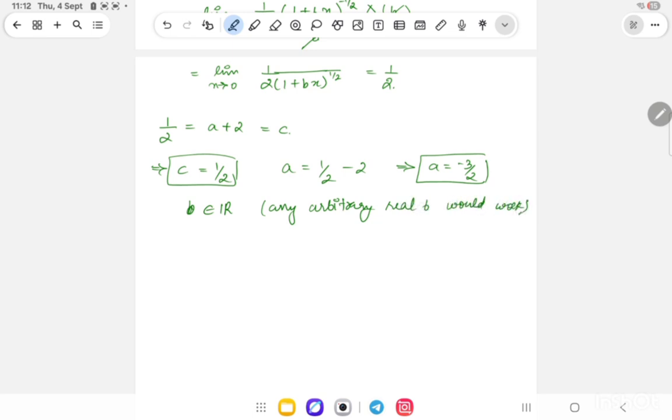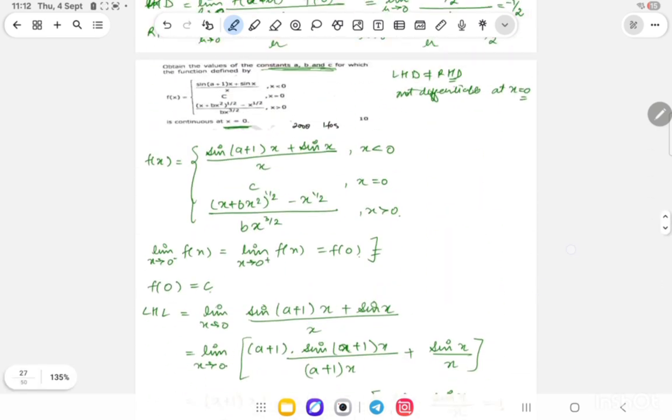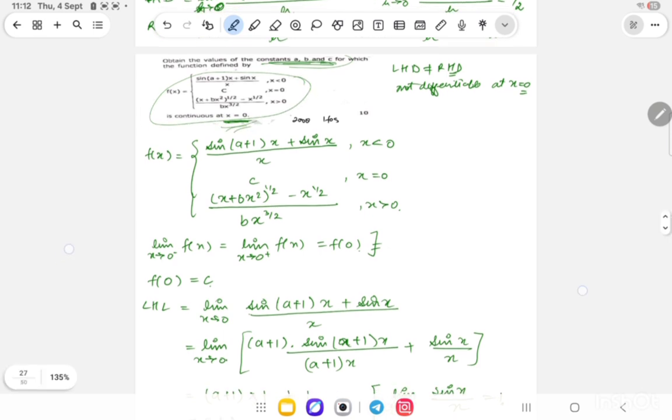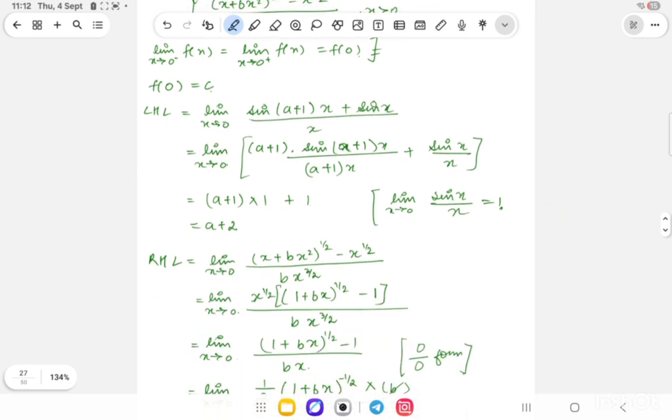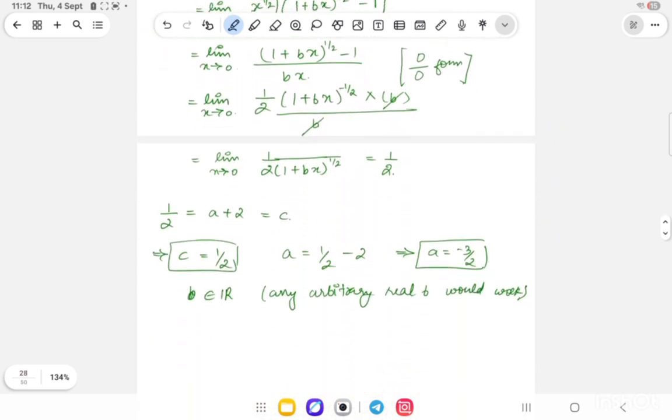That's what I'm supposed to find in this question. We are supposed to find only the values of a, b and c for which this function f(x) is continuous at x equals 0. So these are the only questions asked related to the limit, continuity and differentiability topic. So thank you for watching.